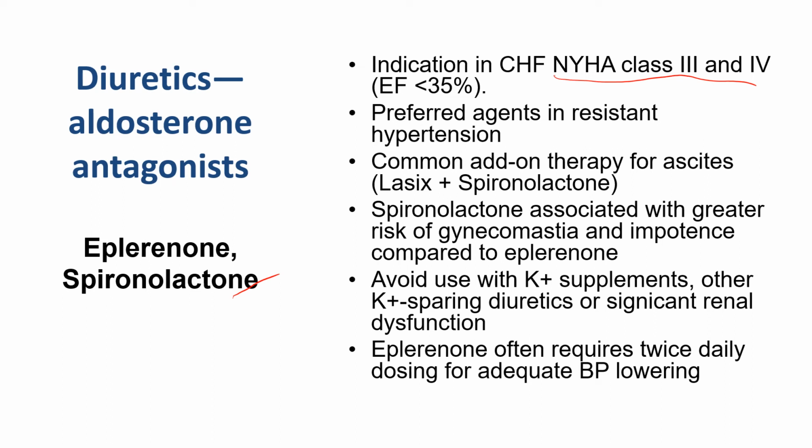New York Heart Association has 4 classes, class 1, 2, 3, and 4, and these drugs are indicated in 3 and 4, so ejection fraction is getting worse, and these patients are more symptomatic. This is almost always add-on therapy, and this is not a monotherapy.